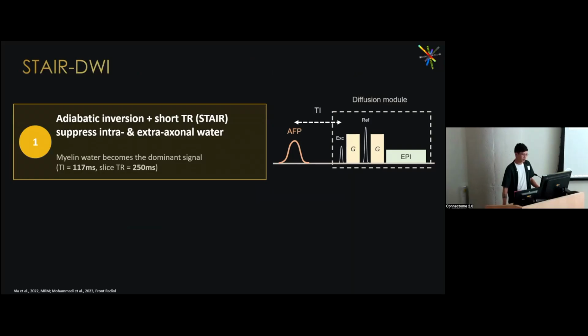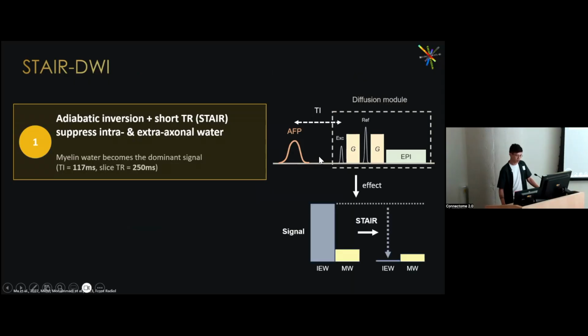Here we propose a method called stair DWI, in which we incorporate an additional adiabatic inversion pulse with short TR with the conventional diffusion module. In this pulse sequence diagram, on the right-hand side is just a standard diffusion module, but before it we apply an adiabatic full passage pulse to suppress.